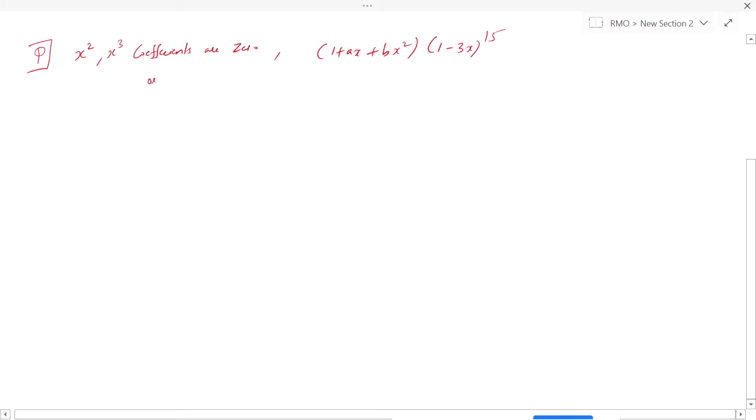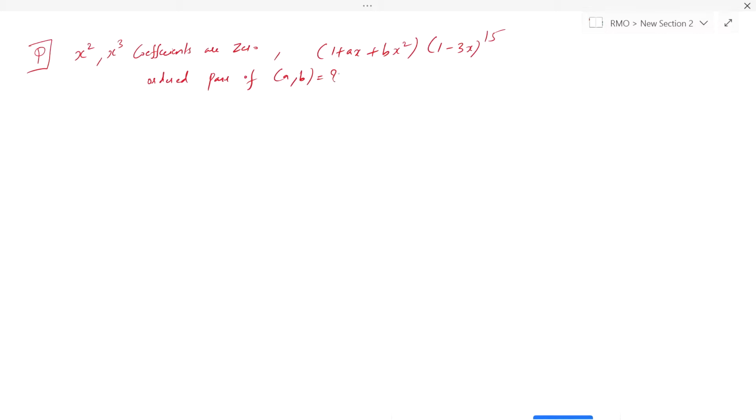Just write down this one. They have given the coefficients of x square and x cube are 0 in the expansion of this term.